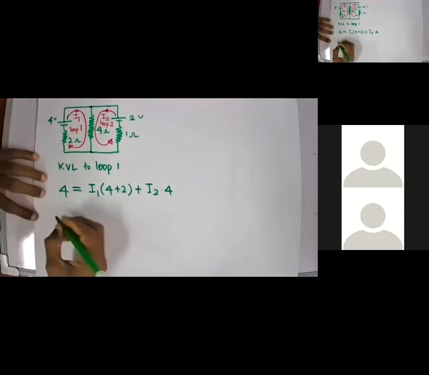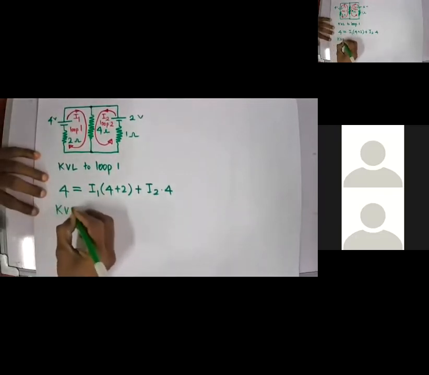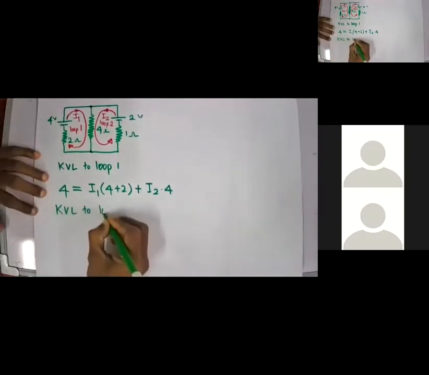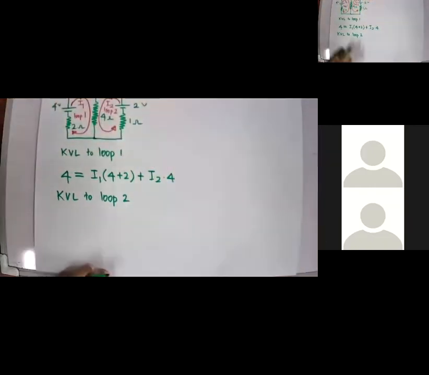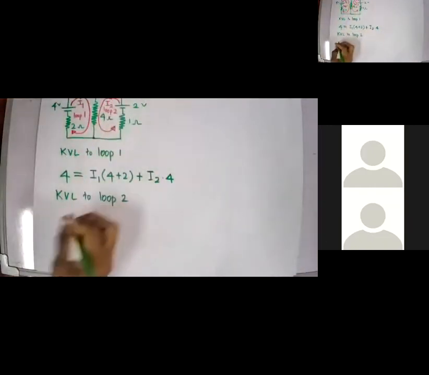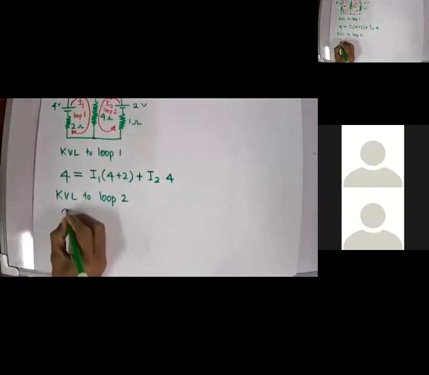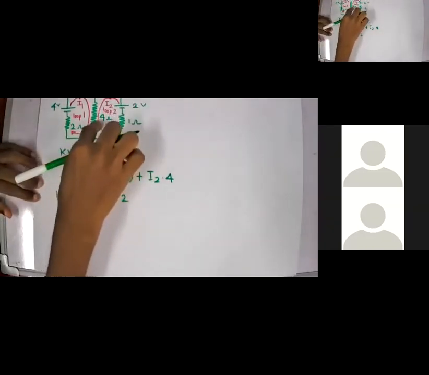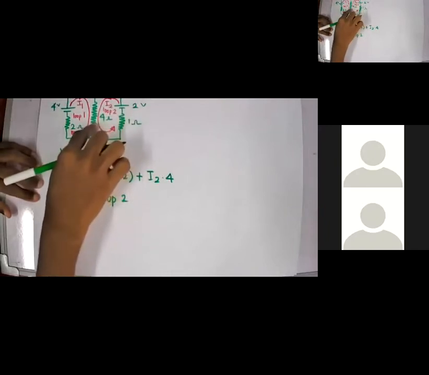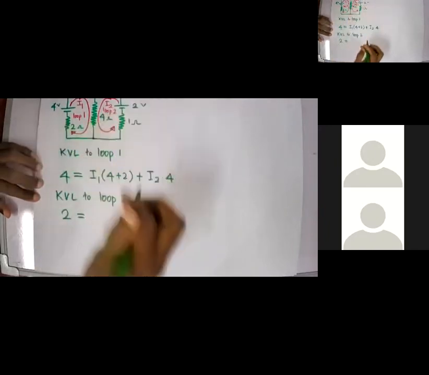Right, now apply KVL to loop 2, which is this one, right? So here the battery is plus, so the current is starting from the positive. So 2 equals, again here I2 is flowing through this 4 ohm resistor and 1 ohm resistor.